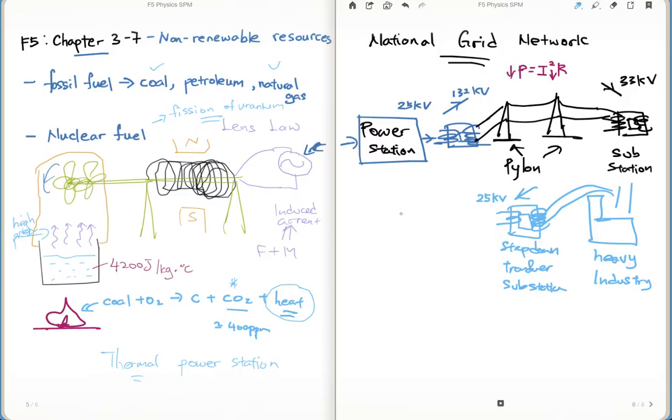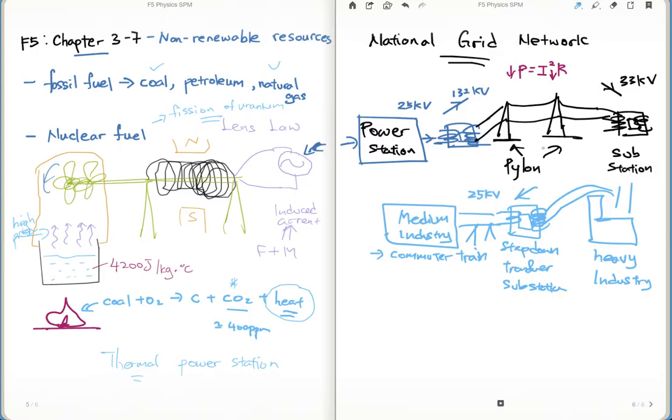This is for the medium industry, for example, the street lamp, a commuter train, even LRT. So these are the industries that will be using it. Okay, 25 kilowatt. Of course, in between they are going to have pylon and pylon.